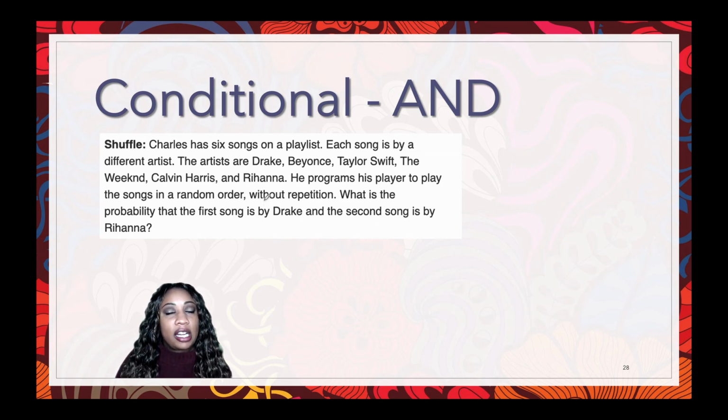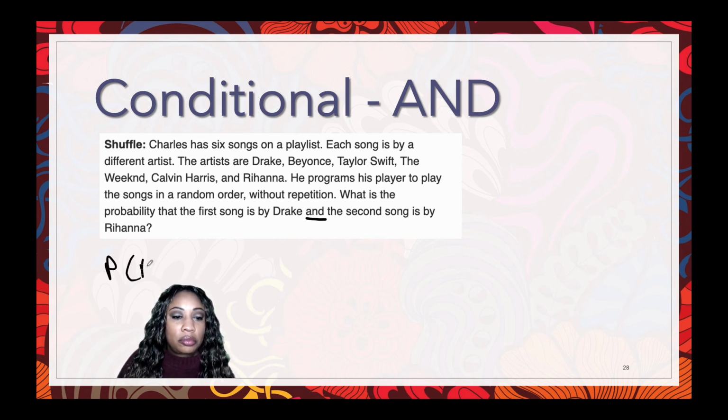All right, let's look at another question. I'm going straight to the question. What is the probability that the first song is by Drake and the second song is by Rihanna? Now, again, we have an and, but that second song is going to be dependent upon the first song.